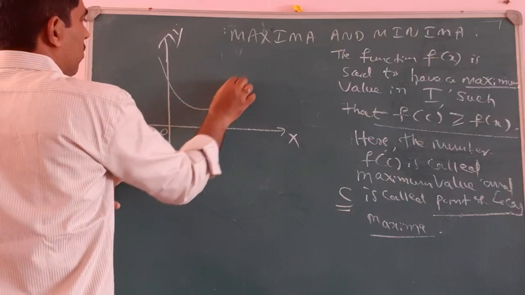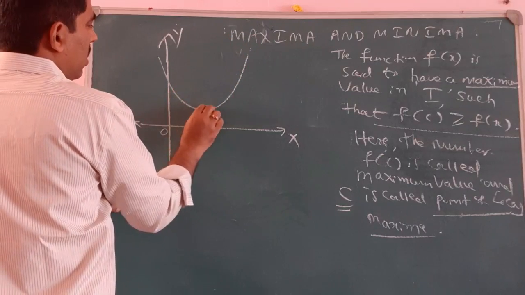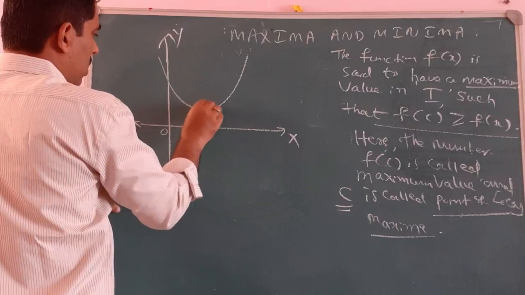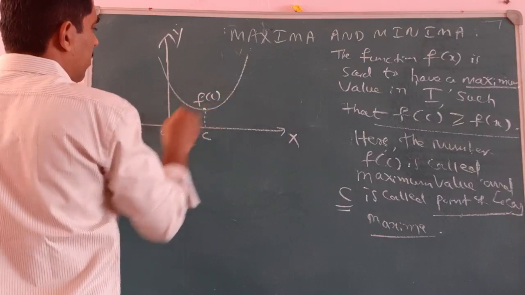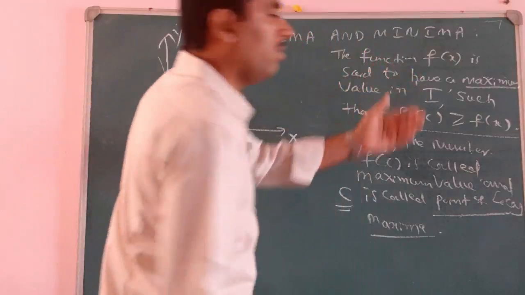Say if my graph is like this, then I can see this will be f of c. The same definition we can copy.